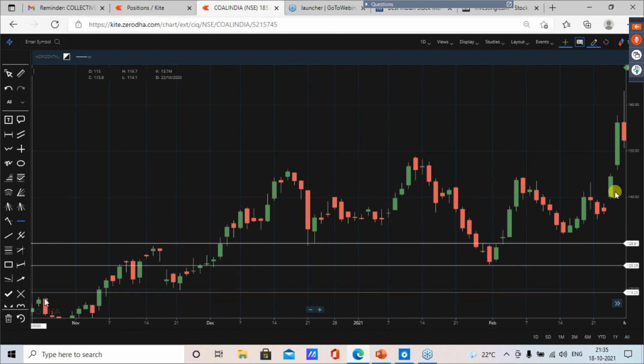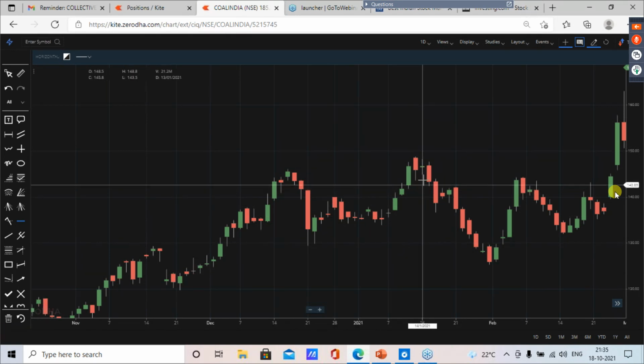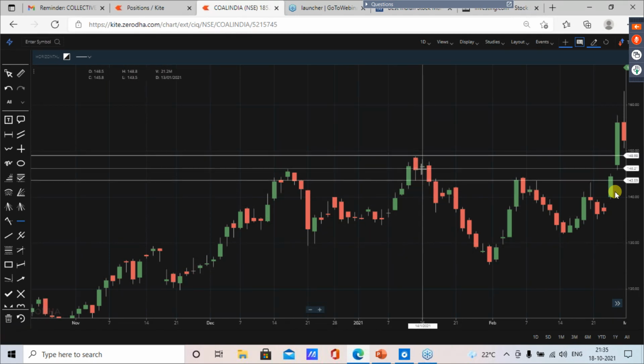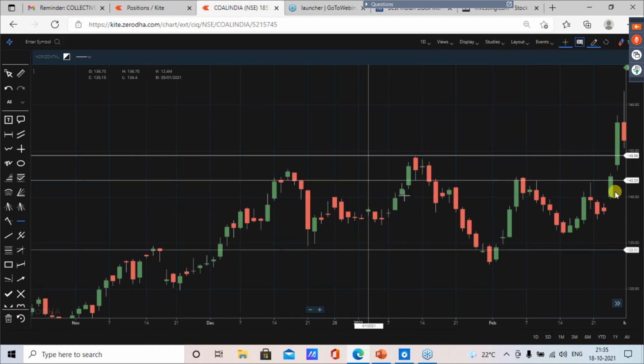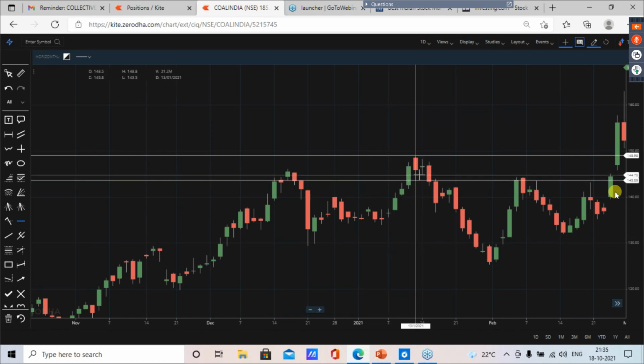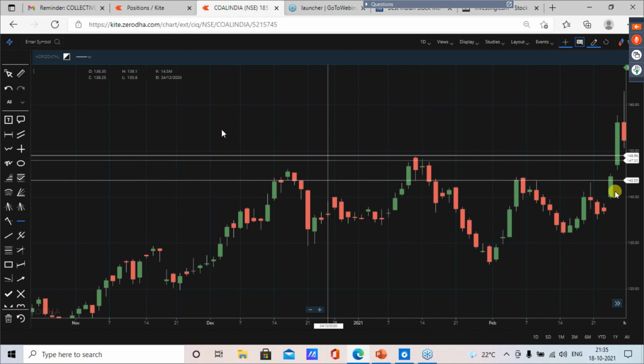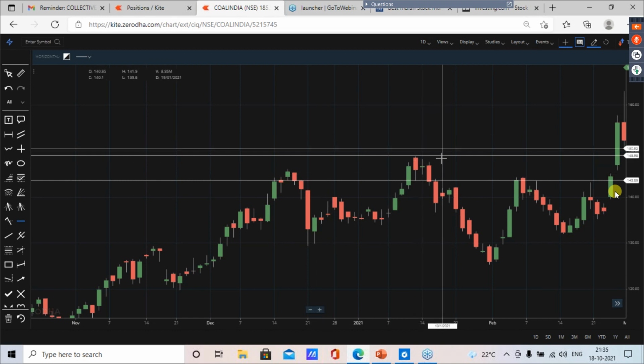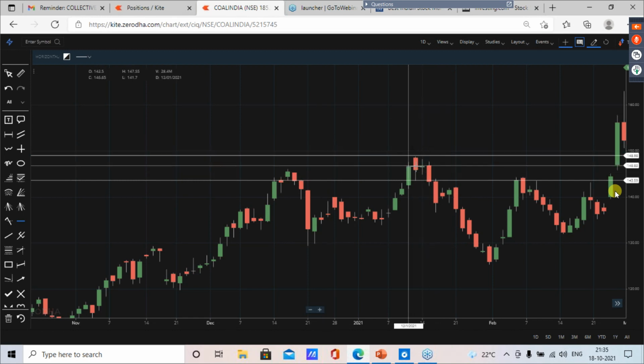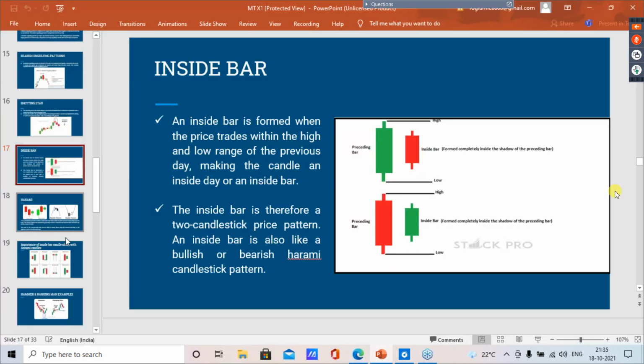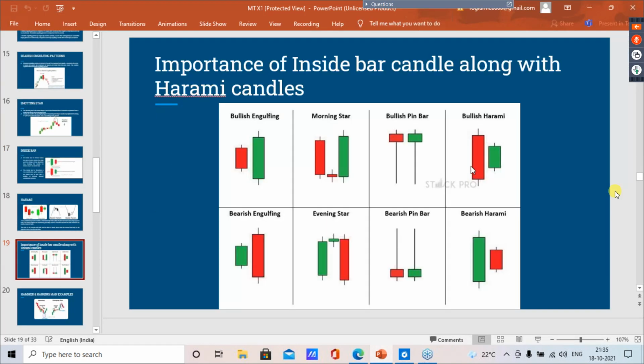Now I want you guys to identify this candlestick pattern. What is this candlestick pattern, guys? Just now we have learned. We have an uptrend. After the uptrend, what is this candlestick pattern? Can anyone identify this? What is this color combination?